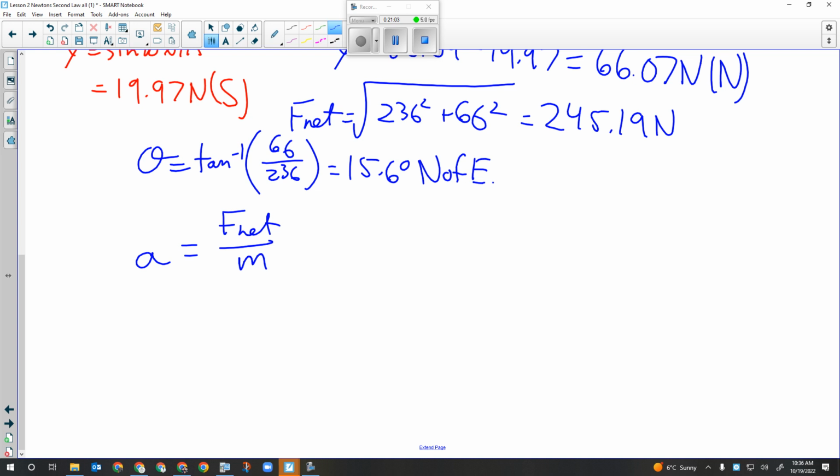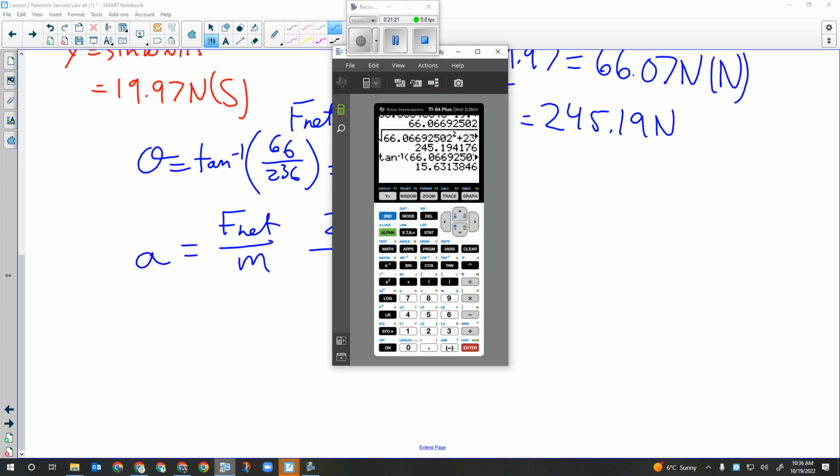Exactly. Okay, now I've got to do F net equals m times a, just like I do in every single Newton's second law question. So F net is 245.19, I'm not going to bother putting the vector on there, divided by the mass, which was 50 kilograms. My acceleration is going to be, and we have how many sig digs here?